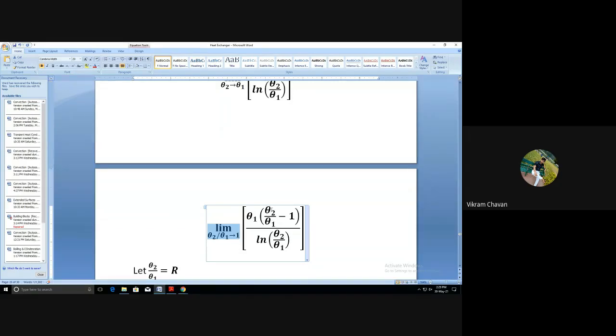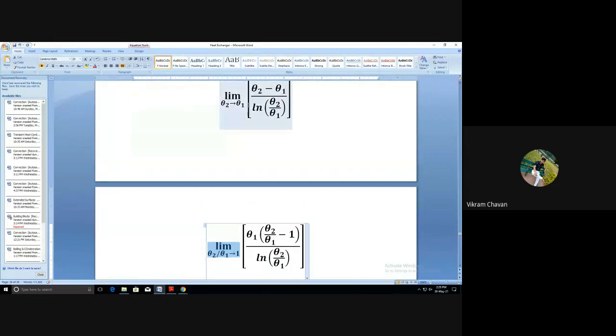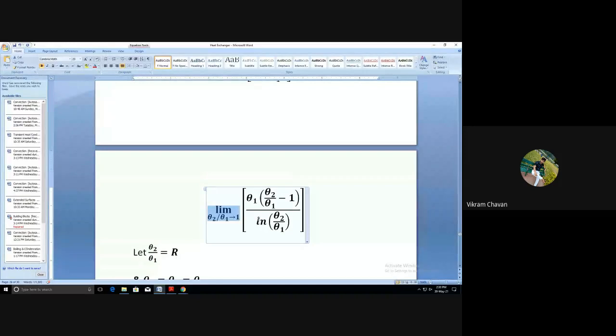Now here, to convert that to theta 2 divided by theta 1, in the numerator we have taken the common term out of these two terms, theta 1, and we will get inside the bracket theta 2 divided by theta 1 minus 1, and in the denominator there is already ln of theta 2 divided by theta 1.